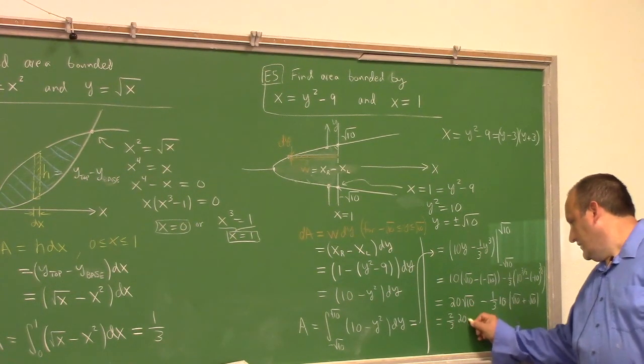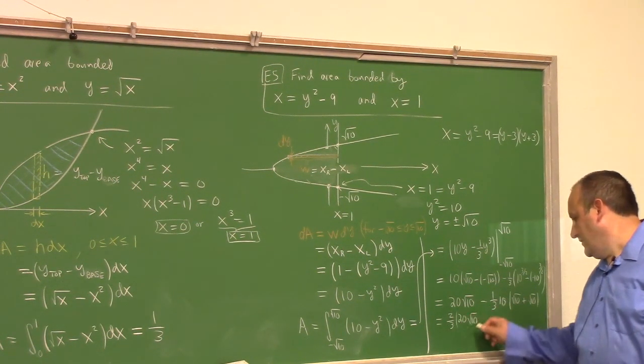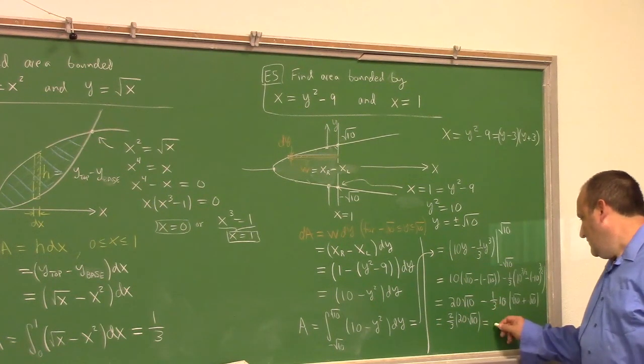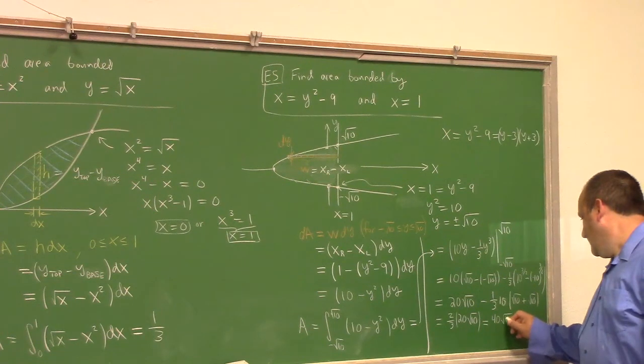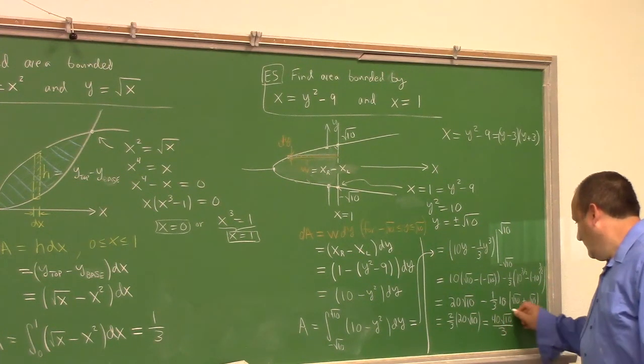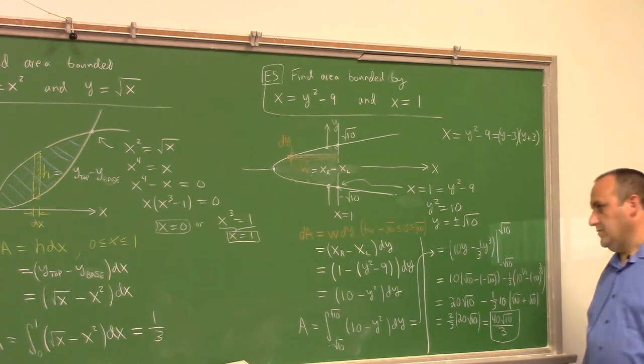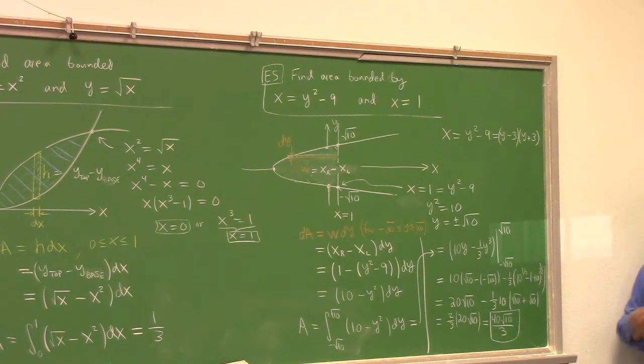You could pull out your calculator and do this if you want, whatever. So I believe I get 40 times the square root of 10 over 3, if I haven't made an arithmetic mistake, which I might have made. And when I've worked myself into a corner, the odds of me making an arithmetic mistake go up a lot.